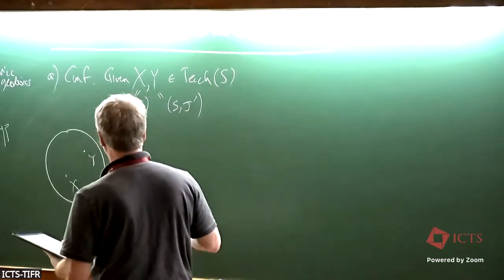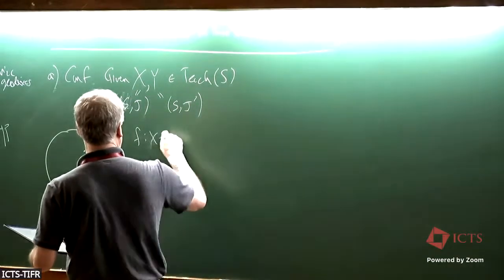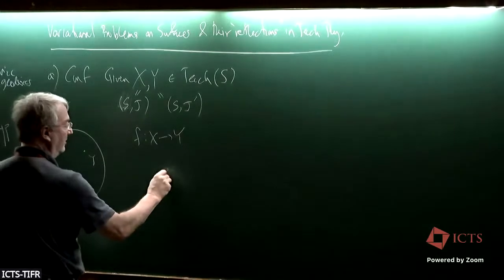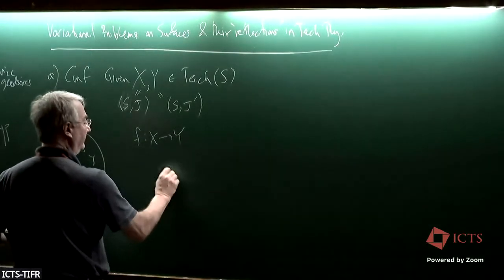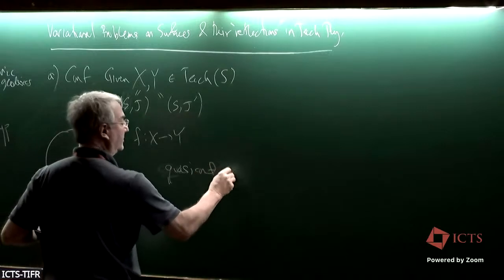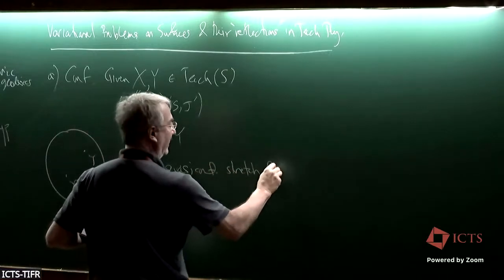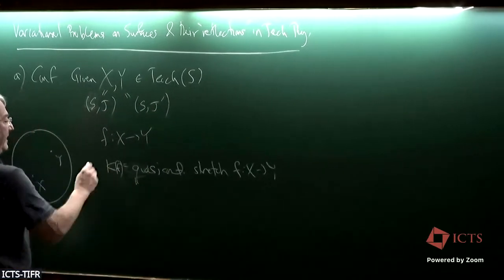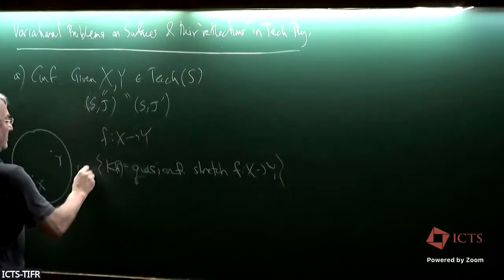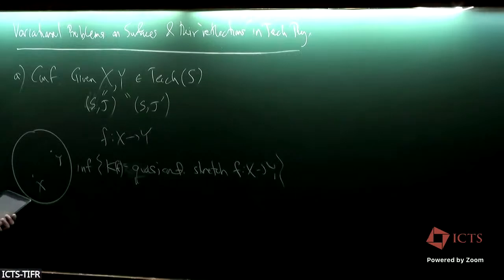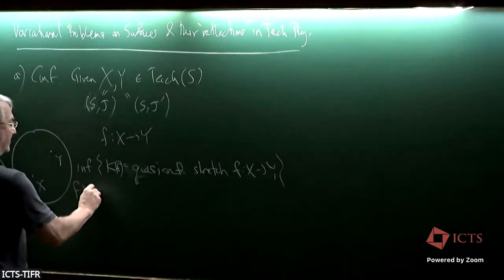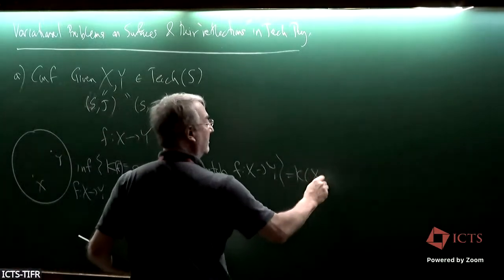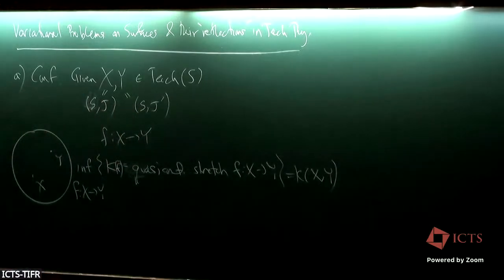And so I look at maps F from X to Y, and I ask, if I look at the quasiconformal stretch of F from X to Y, and maybe I'll call that K of F, and then I ask to look at the infimum of this over all maps that take me from X to Y, that gives me some number K of X, Y, which describes the smallest quasiconformal stretch.